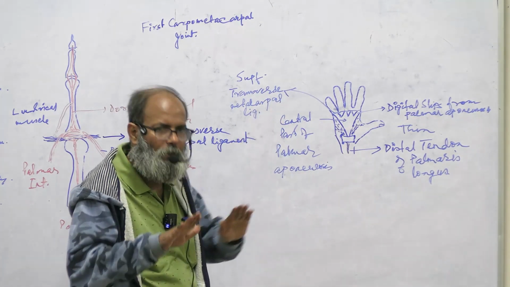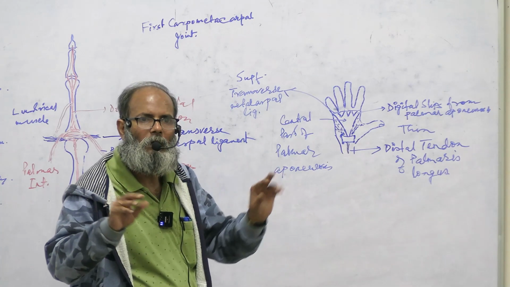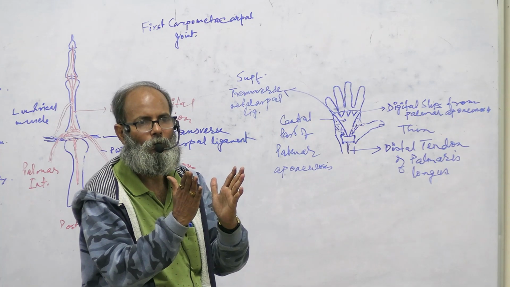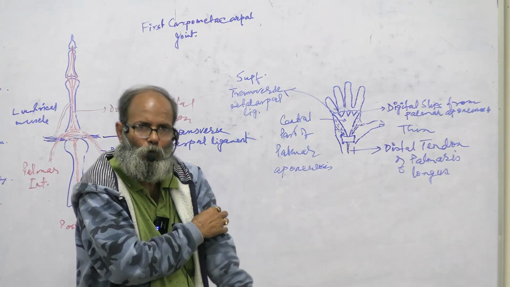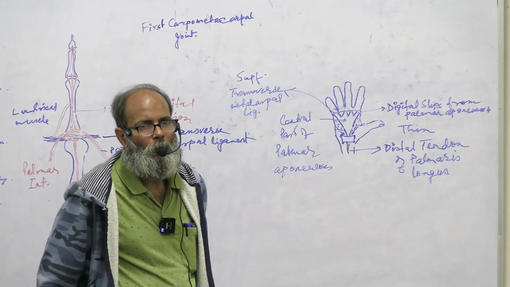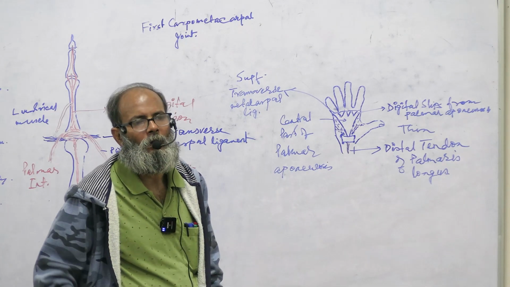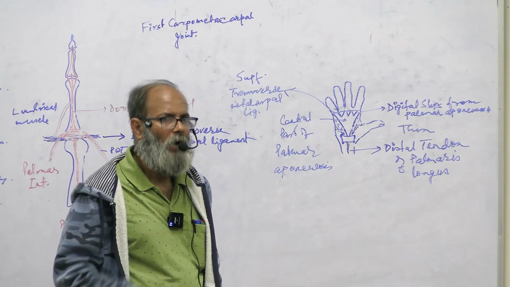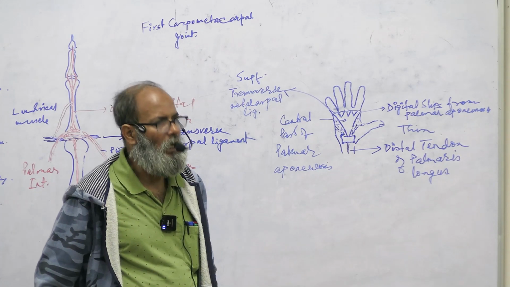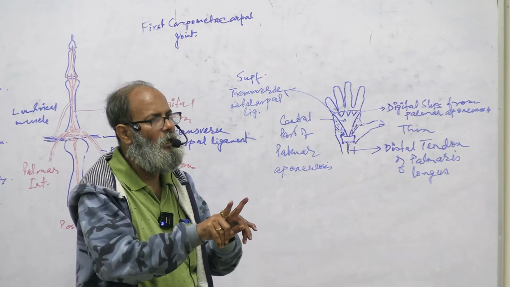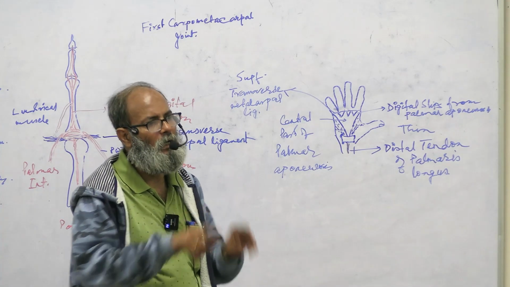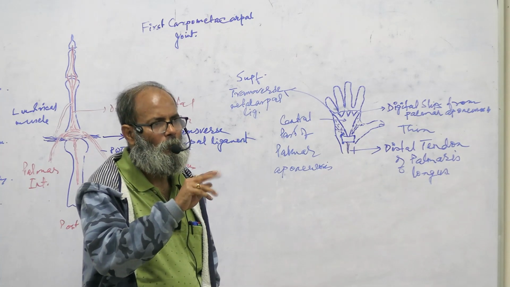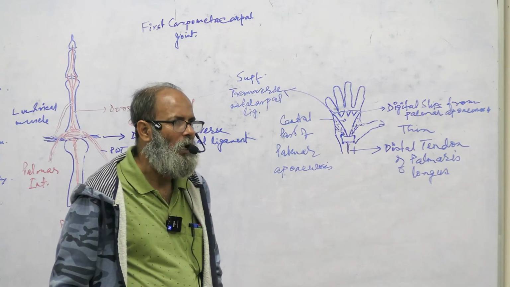These superficial fibers are blending with this, and the deep strata divides into 2 and gets attached to the palmar interosseous ligament, the deep transverse metacarpal ligament, and to the base of the proximal phalanges, the proximal part of the base of the proximal phalanx.